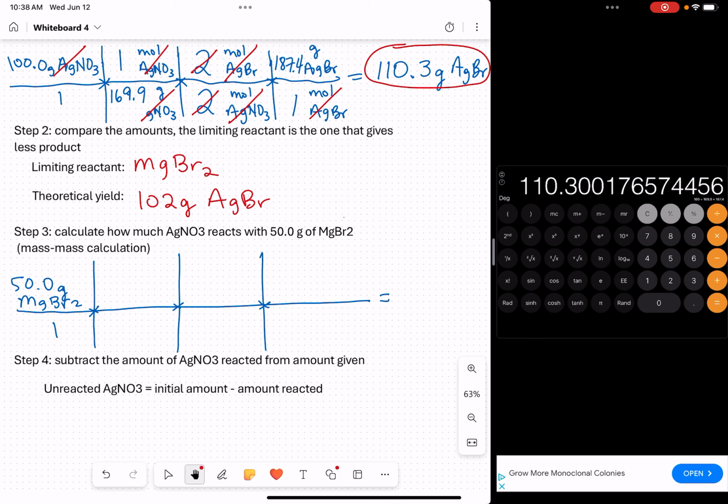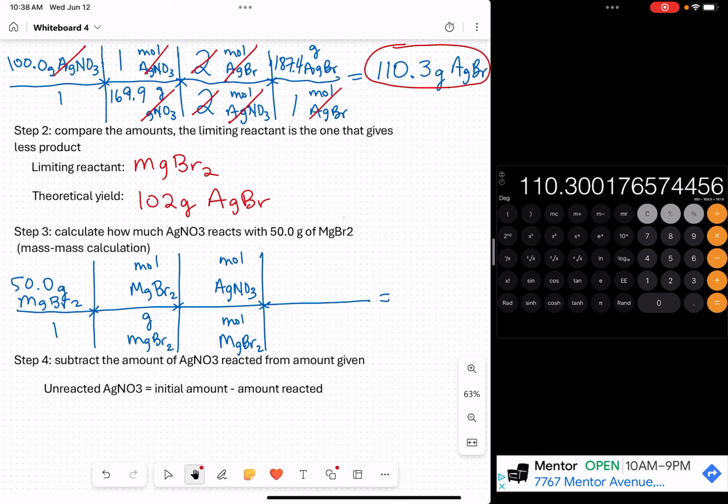I need to convert that to moles of magnesium bromide, using the molar mass again. And then I need to convert that to moles of silver nitrate. And then converting the moles of silver nitrate to grams.